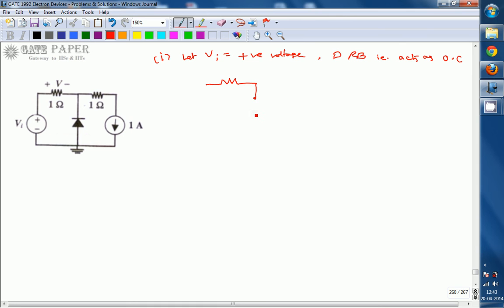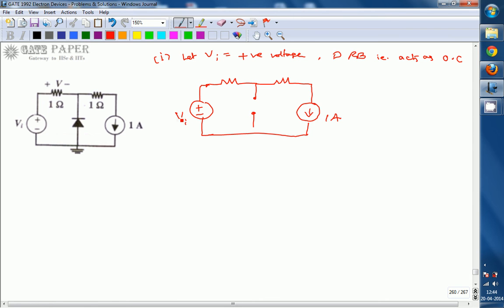The diode is acting as an open circuit, and this is the other resistor, with a current of 1 ampere flowing through these resistors, connected with input Vi. So this is the resultant circuit.